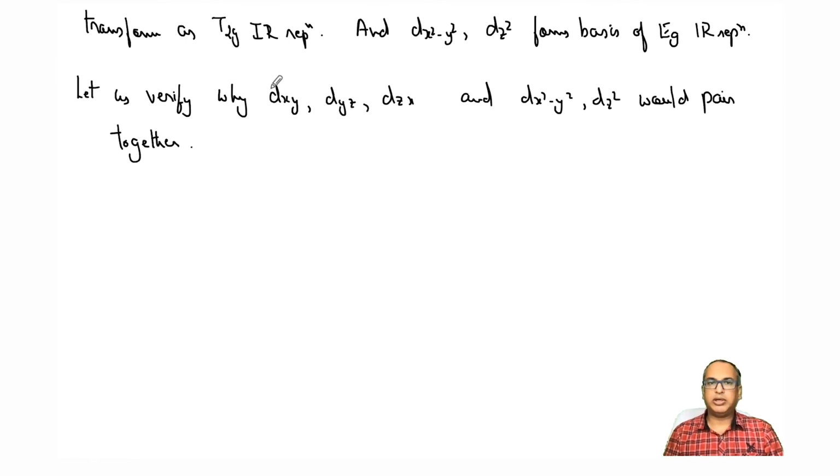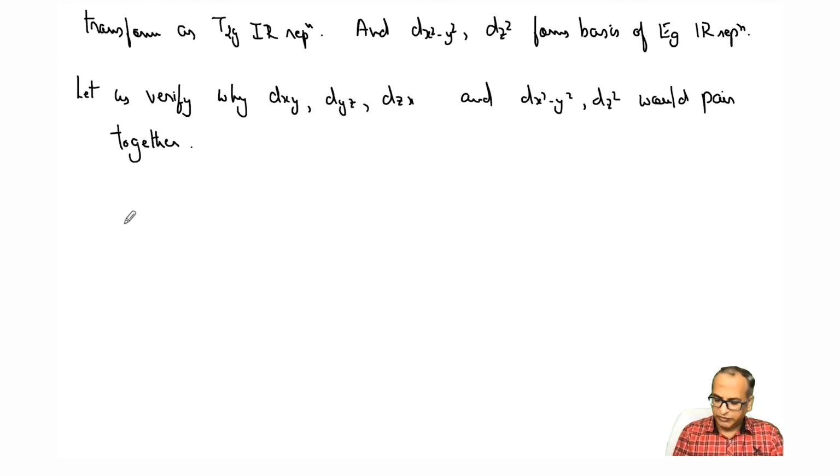So a symmetry operation commutes with the Hamiltonian. So you don't change the energy of that orbital. So that means if we apply, let's say, any symmetry operation under OH and it gets converted into dyz or into dzx, then we are sure that these 3 have the same energy because they are interconvertible by a symmetry operation. Similarly, if these 2 are interconvertible by a symmetry operation of the OH point group, then they will also have the same energy. So we can say that these will be degenerate.